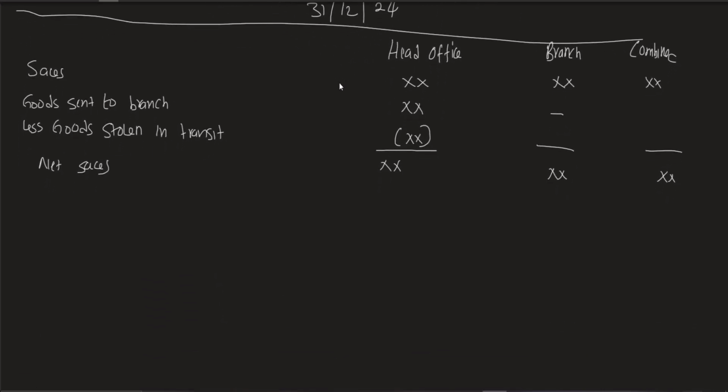We go ahead and less cost of sales. So for the cost of sales, we will have opening inventory. We have opening inventory for the head office, for the branch, we add the two, we get combined. We add purchases.